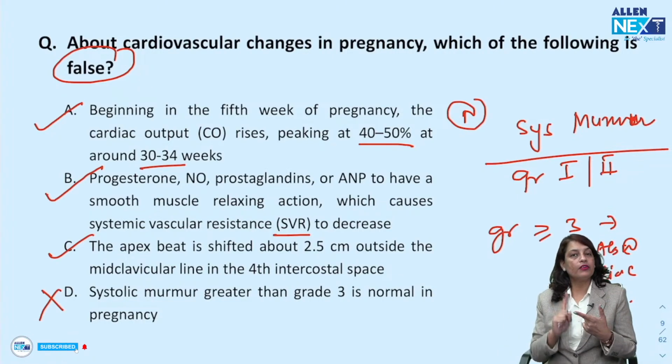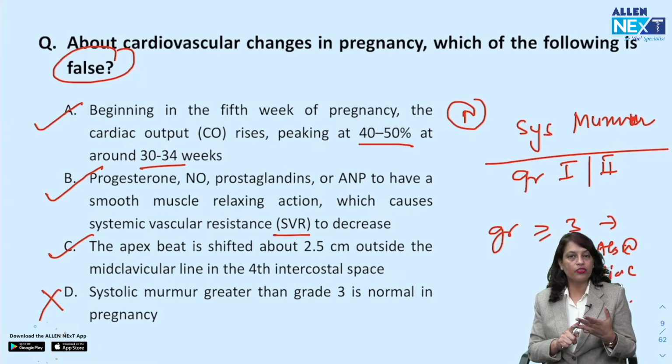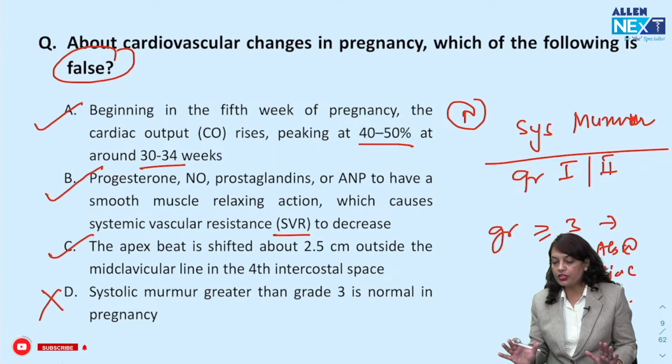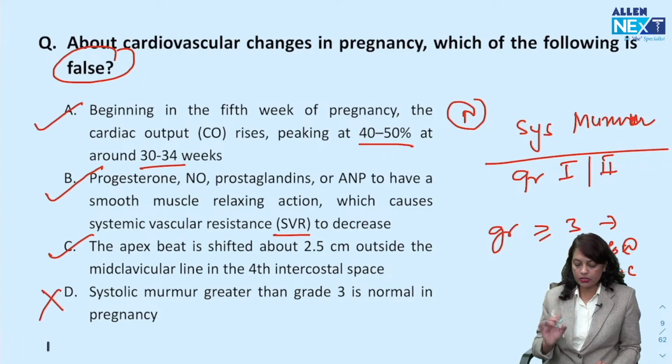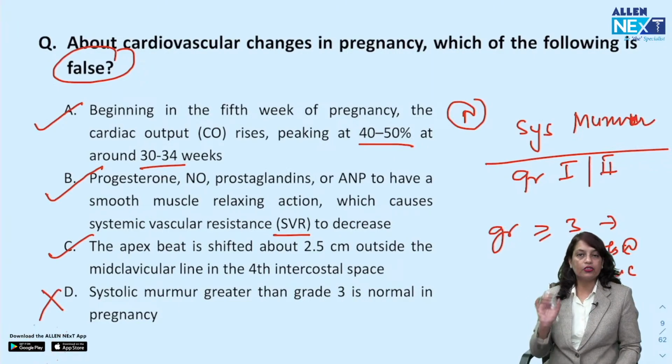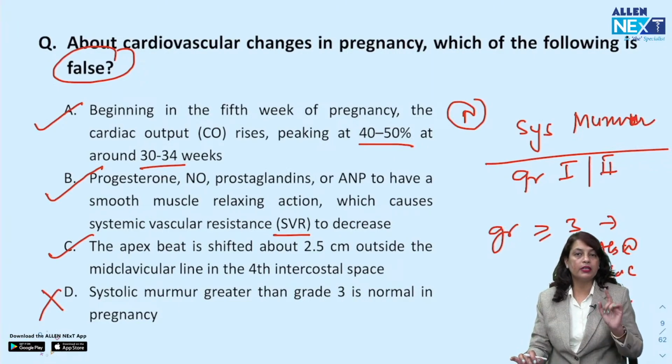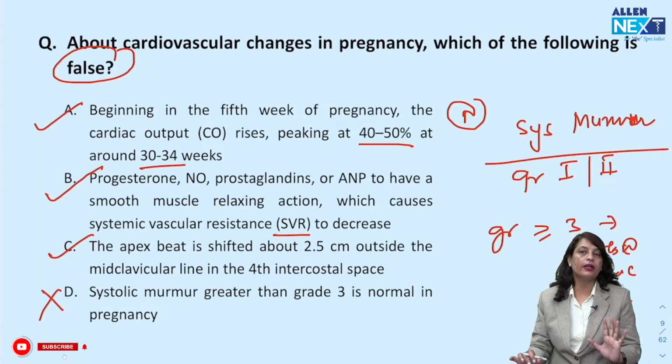Okay, presence of diastolic murmur, cardiomegaly, systolic murmur more than grade 3, split S2, all these are the features of abnormality. Okay, so here the wrong answer is systolic murmur greater than grade 3, which is not normal, it is abnormal and it is suggestive of cardiac disease.